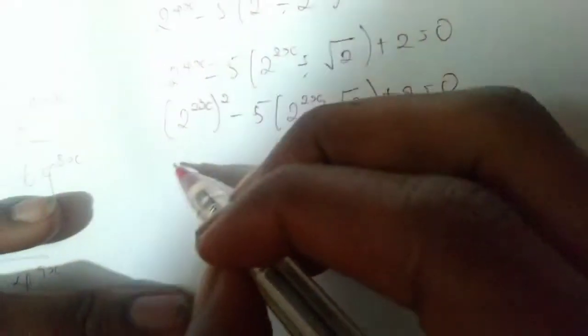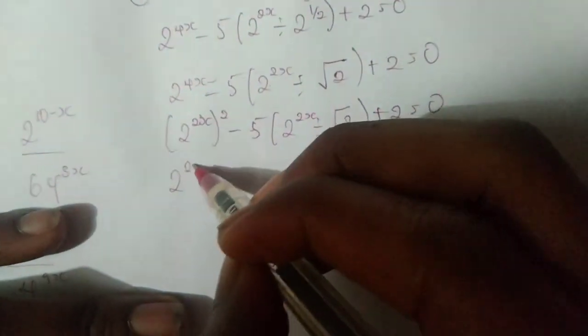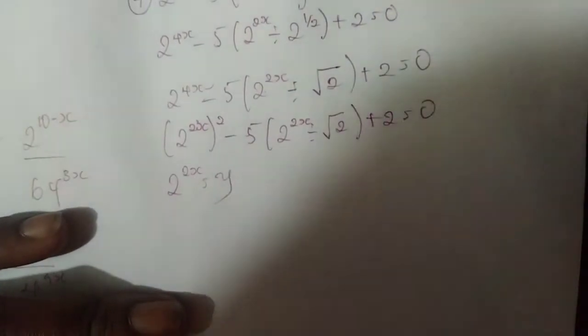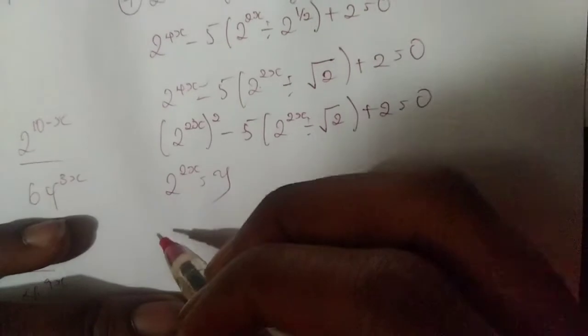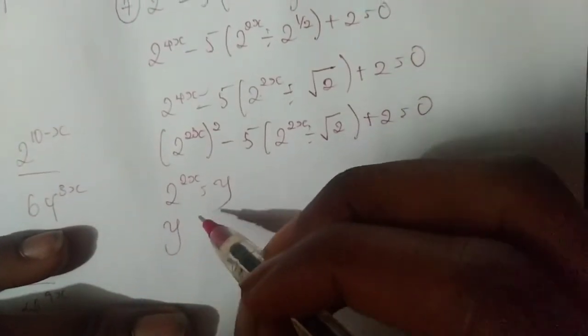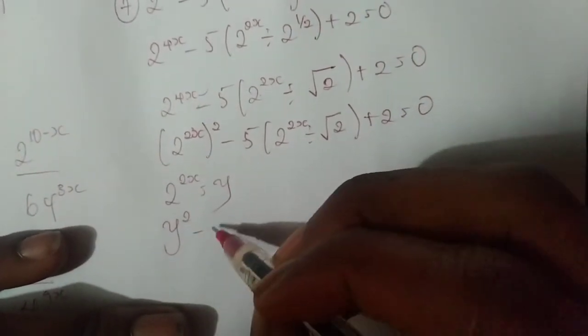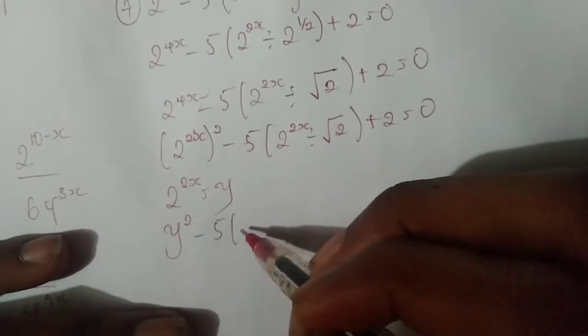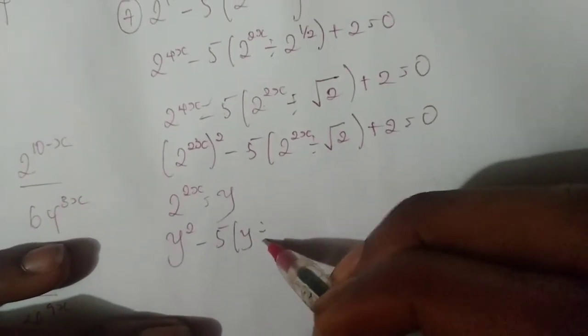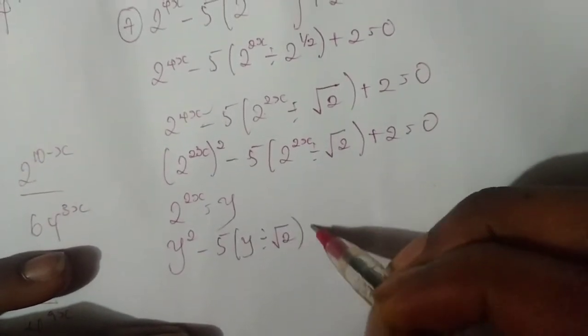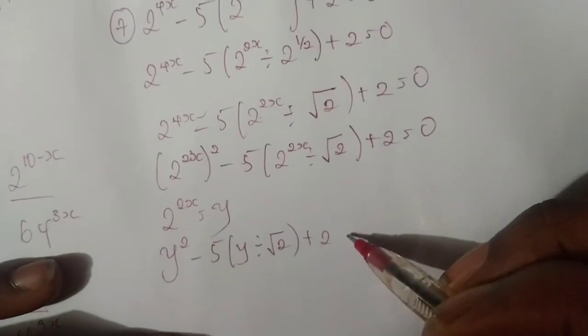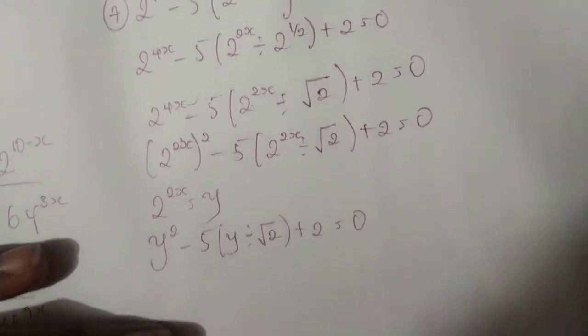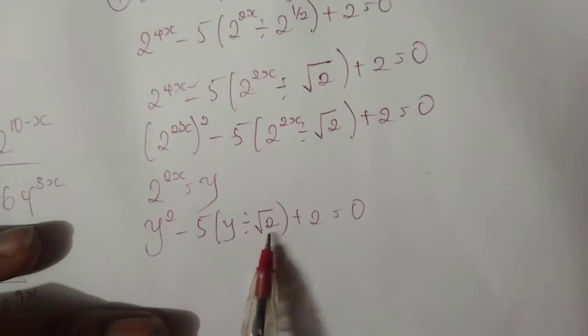I can say let 2 to the power of 2x be equal to y, which will give us y squared minus 5 bracket y divided by root 2, plus 2 is equal to 0. We need to get rid of this root 2.